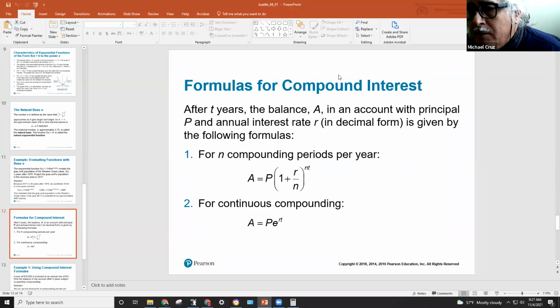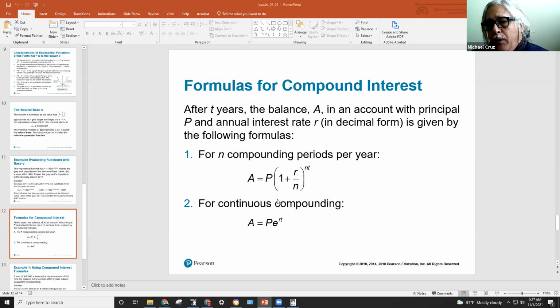All right, another one is called compound interest. Now, there are two different types of functions for compound interest. A really important function, especially in the business world, if you're dealing with finance and accounting.